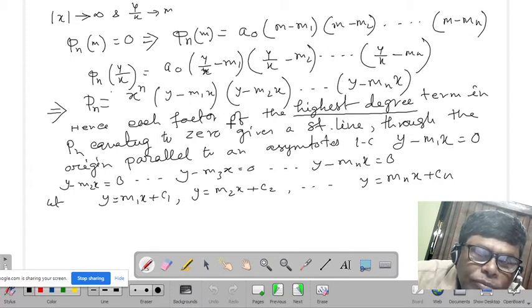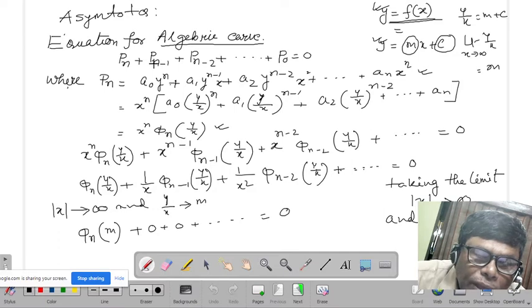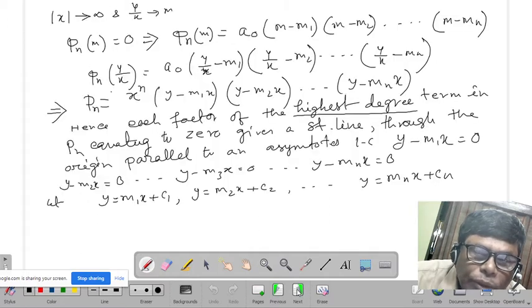Suppose this term, let me go to here, check it here. This term contains y minus m1x, and this term also. So this term will contain fn minus 2 and this term will contain qn minus 2. Is that clear? Here also you can see.